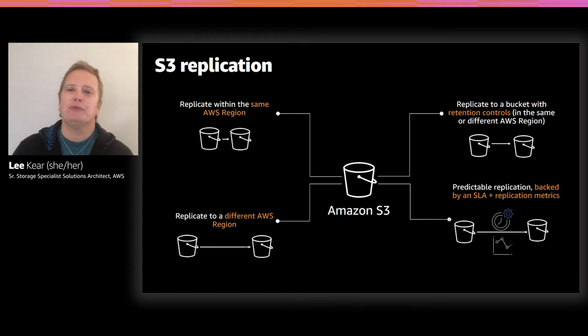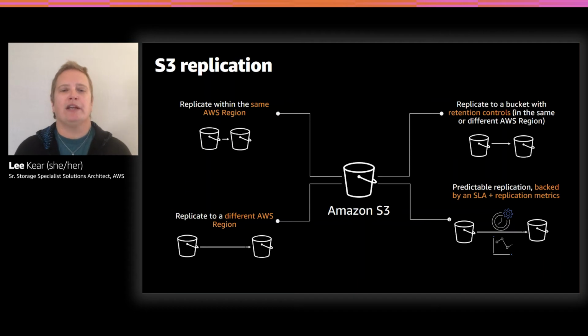And some use cases for this might be between a developer and a test account, or perhaps you need to abide by data sovereignty laws. With S3 cross-region replication, you can replicate objects and their associated metadata and object tags to another AWS region to reduce latency, for compliance reasons, security, disaster recovery, and many other use cases.